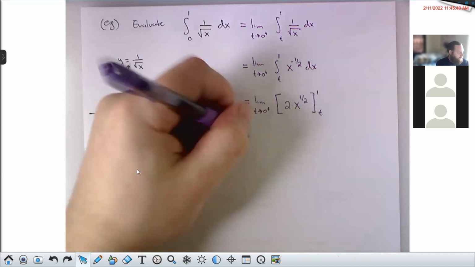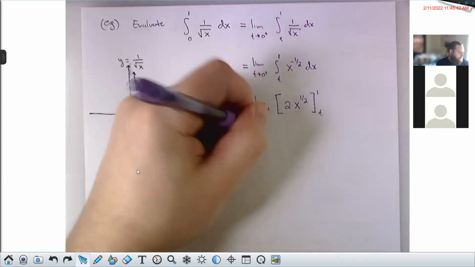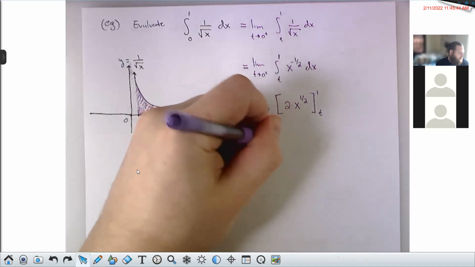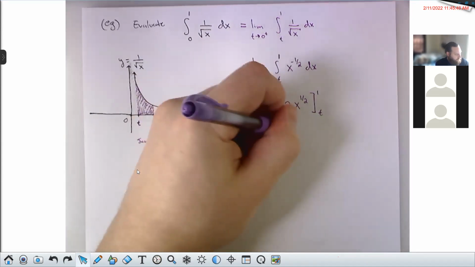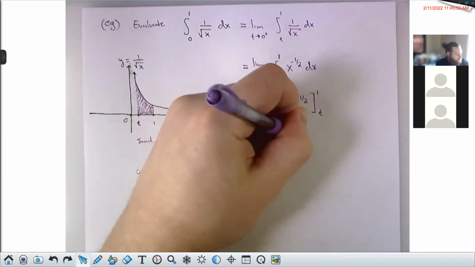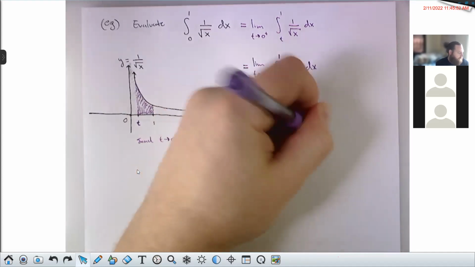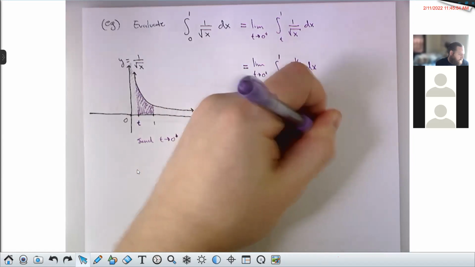The 2 is a constant, and it can pop out. And we get 2 times limit t to 0 plus. The 1/2 power is a square root, so this is the square root of 1 minus the square root of t.